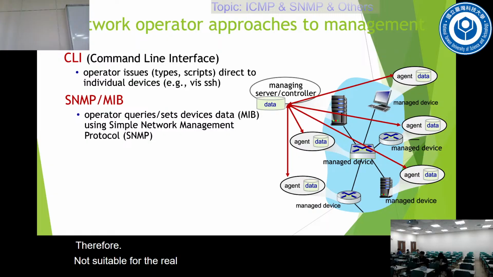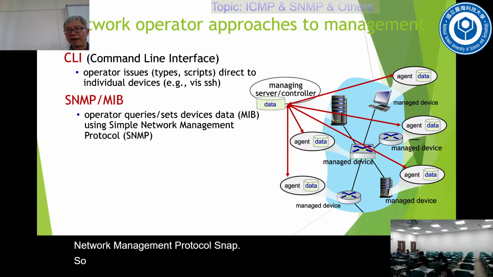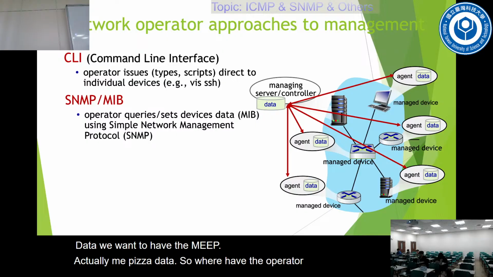Instead, we have a protocol called Simple Network Management Protocol, SNMP. So SNMP, and then we have the data. We will have the MIB. Actually, MIB is the data. So we will have the operator query and set device data.